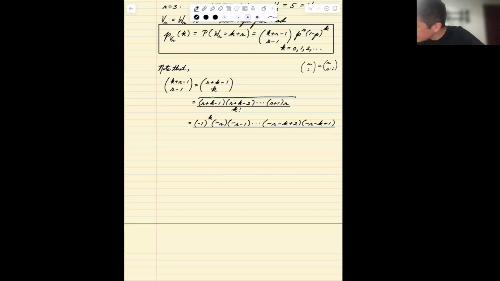The expression is that this is equal to -1 to the k minus r choose k. So we can write minus r choose k because remember the definition of n choose i is n fall i over i factorial.